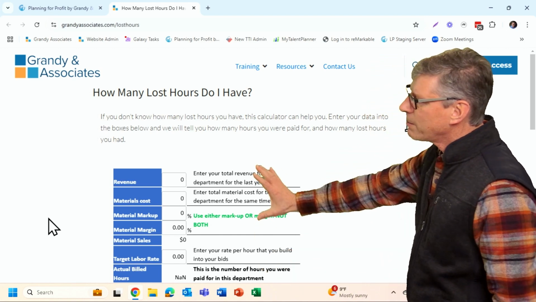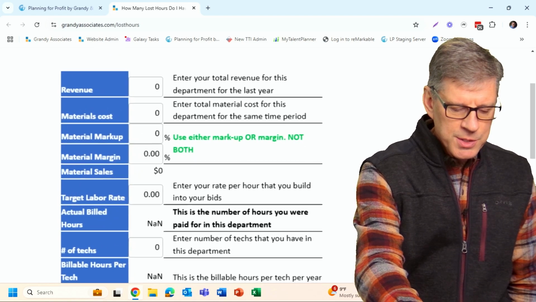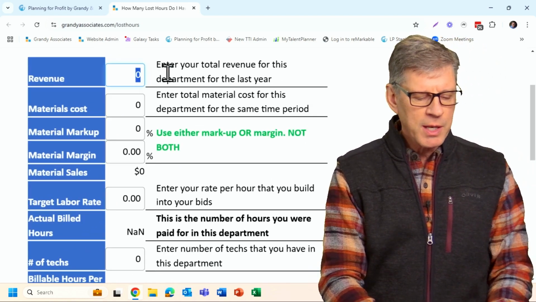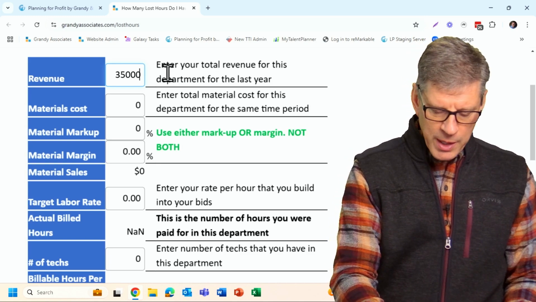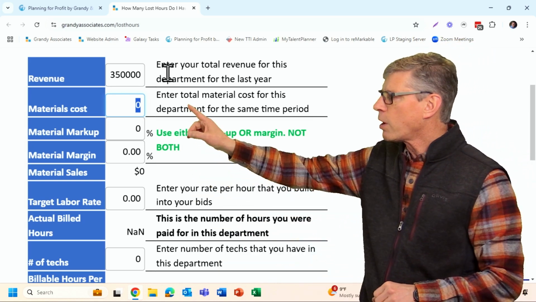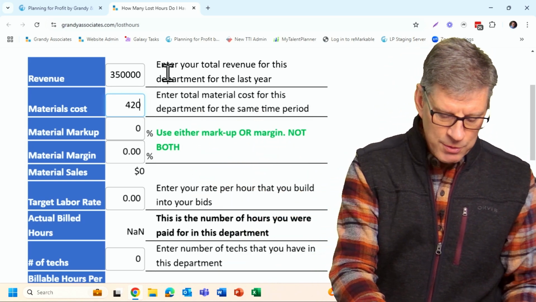I come into my calculator right here, and we're going to blow that up just a little bit so you can see it easier. I'll put in my total revenue of $350,000. I'll tab down: what was my material cost for that same time period? I said it was $42,000.